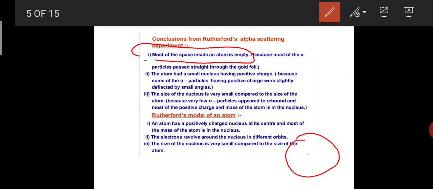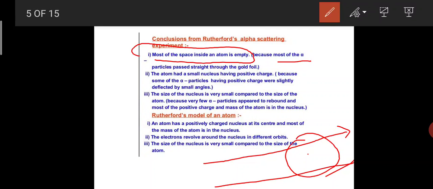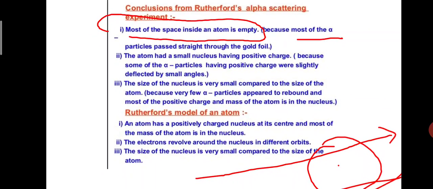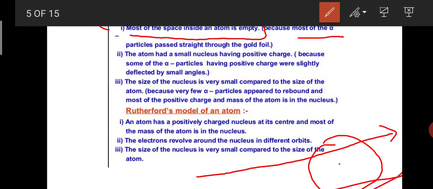This is the atom, and most alpha particles pass through straight. It means that most of the space inside an atom is empty. Why? Most of the alpha particles passed straight through the gold foil.